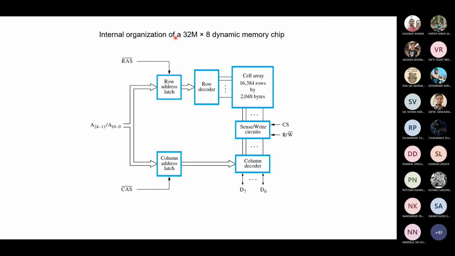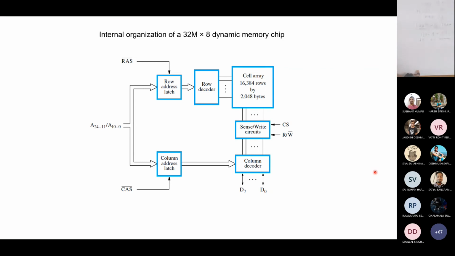So this is 25-bit address line. Look into my camera. 10 plus 10 plus 5-bit address line. 10 for kilo, 10 for mega, this is for 32. So 25-bit address lines are used for addressing one location in a 32M into 8 DRAM. 8 is the data lines.